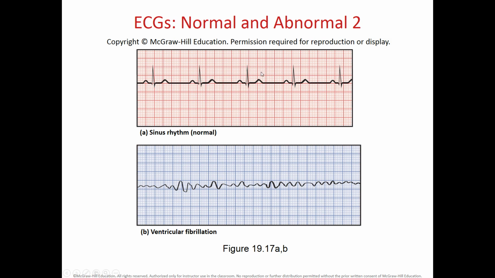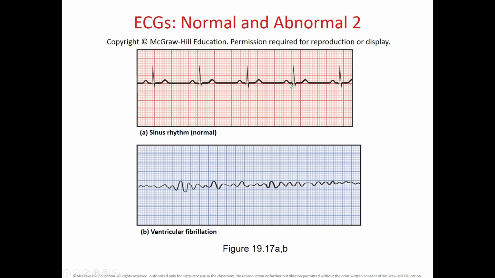And then inside this big square, you have small squares. And each of these big squares can be counted in between these two regular R's. So if you see here, you have a little bit over 5 large squares in these two R waves.